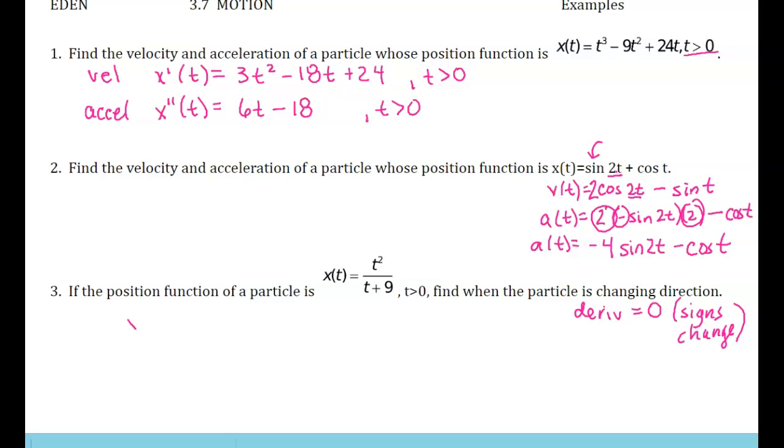So if we take our derivative, I can't split that up, so you will have to do a quotient rule. So low d high minus high d low all over low squared.